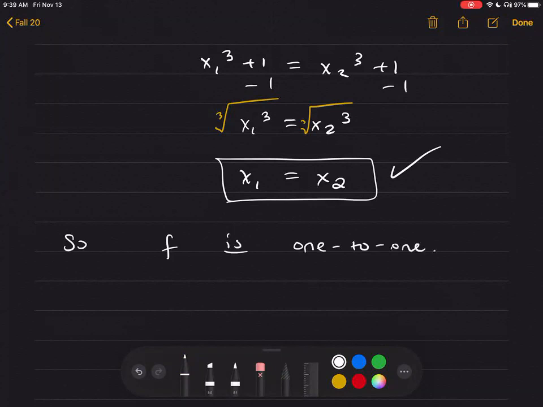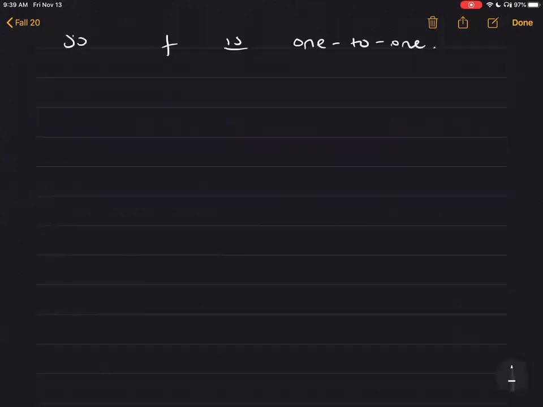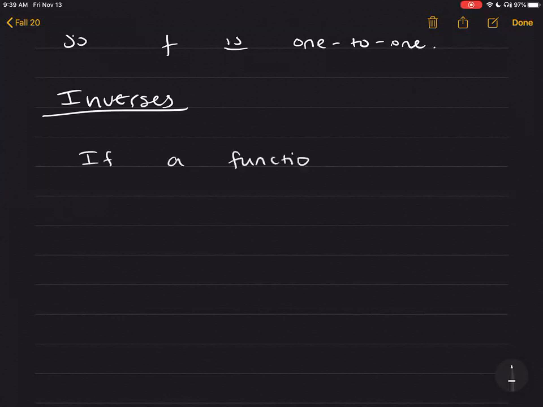Cool. Okay. But why do we care about 1 to 1 functions? What's so special about them? Well, it has to do with our next topic, inverses.